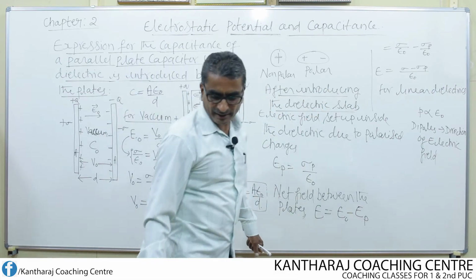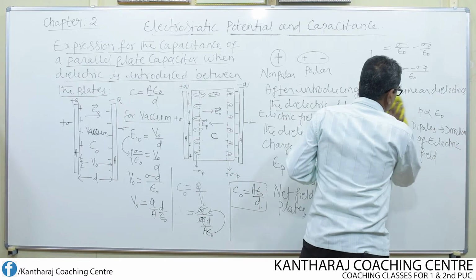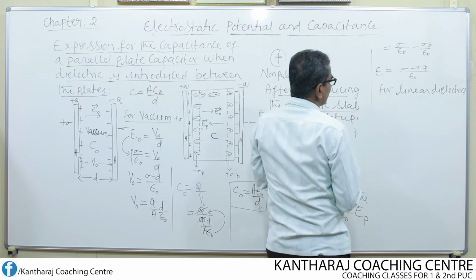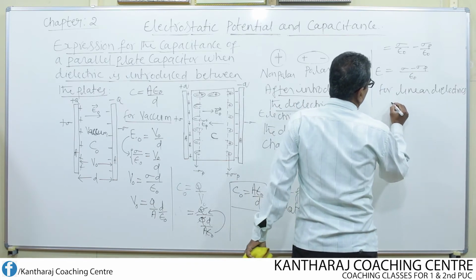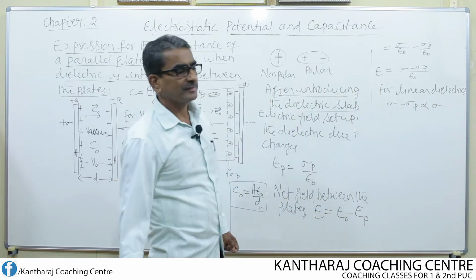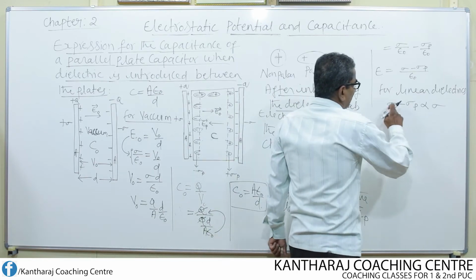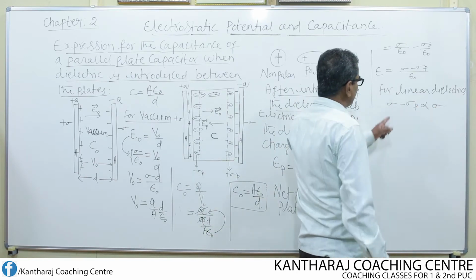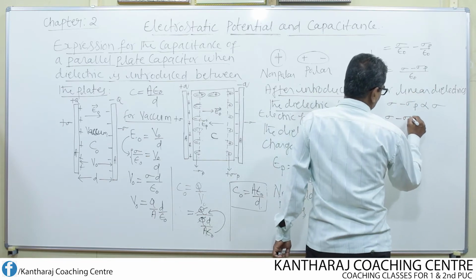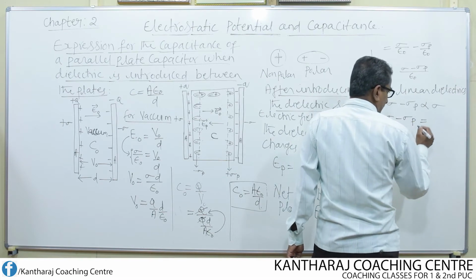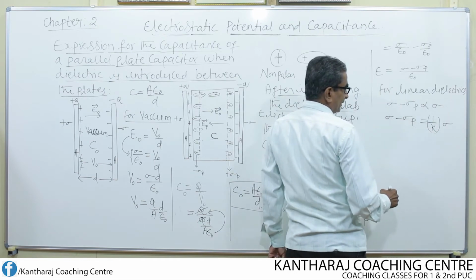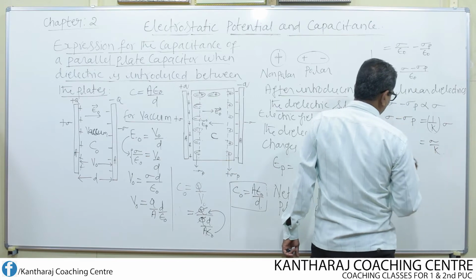For a linear dielectric, it is found that sigma minus sigma p is proportional to sigma itself. Understand? So the difference of charge density can be taken as proportional to sigma only for linear dielectrics. Then sigma minus sigma p, I introduce one constant, 1 by k, into sigma, which is equal to sigma divided by k.